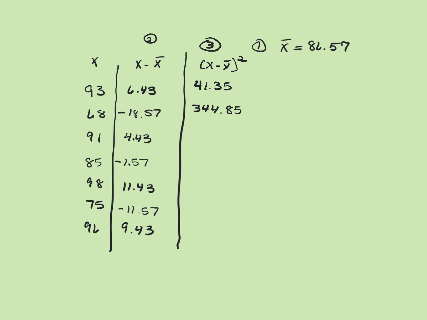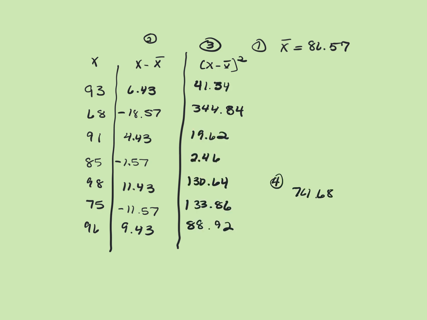I guess I should have said 0.84 if I'm rounding it to the hundredths. All right, and we're going to continue down this list doing the same thing, 4.43 squared, and so on. So take a moment to finish up those squared values.